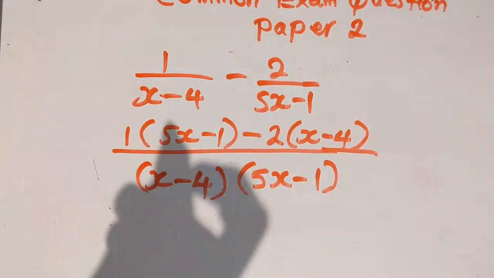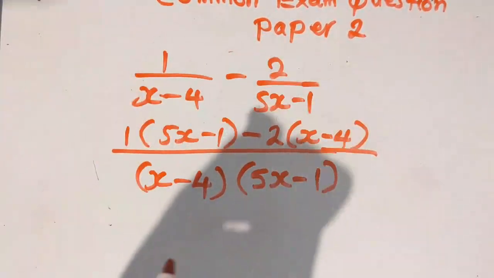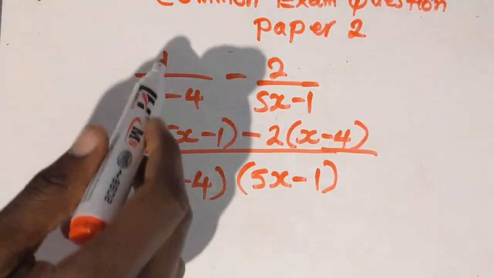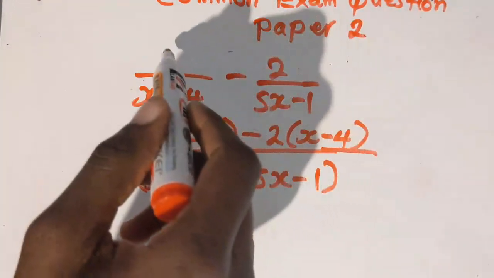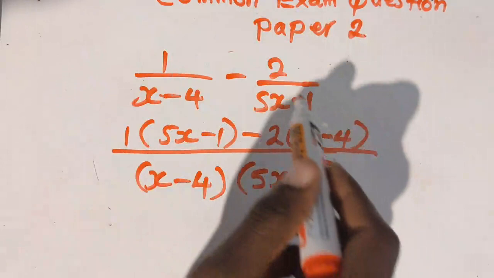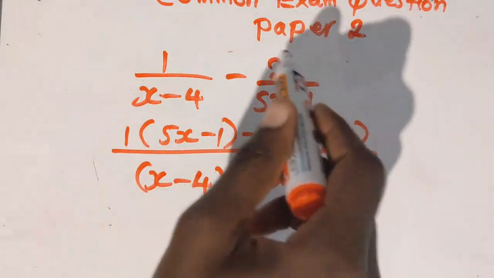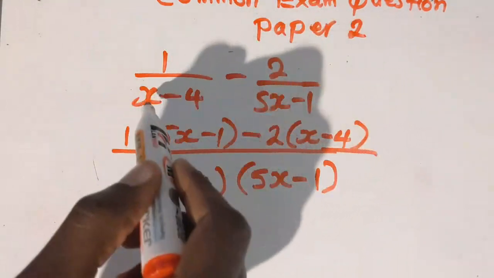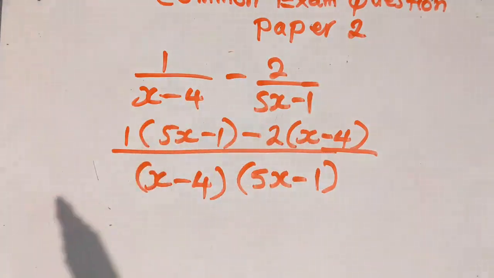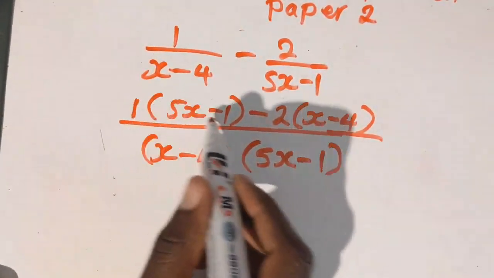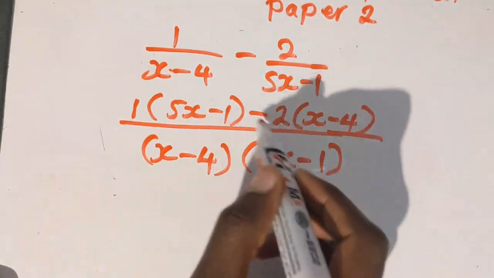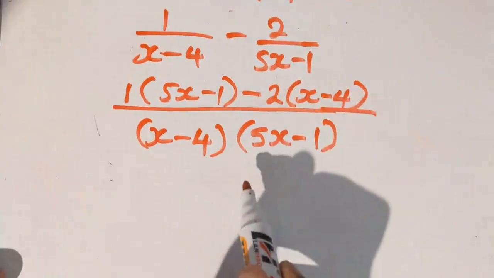Or the simplest way is to multiply this which is here times which is down here. Just cross multiply this times that minus this times that. That is what I've just done. So from here you multiply negative 2 by everything in the bracket.